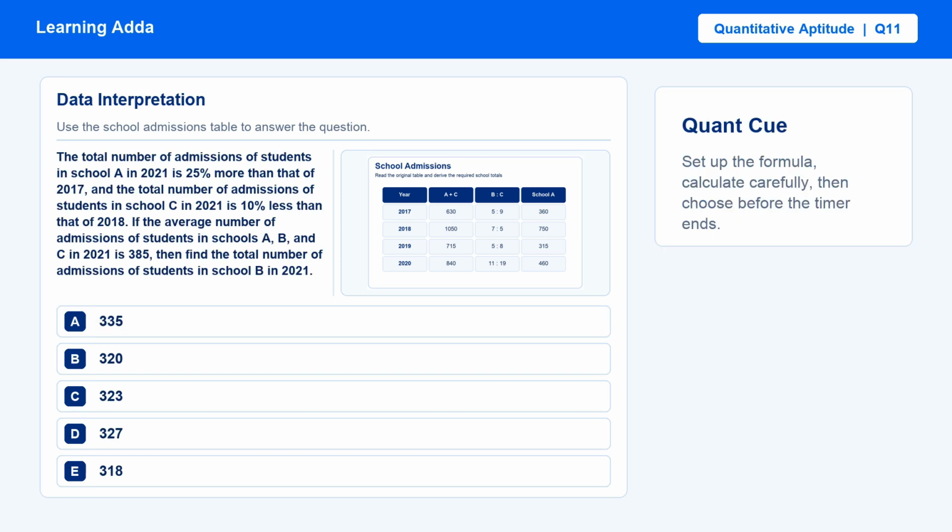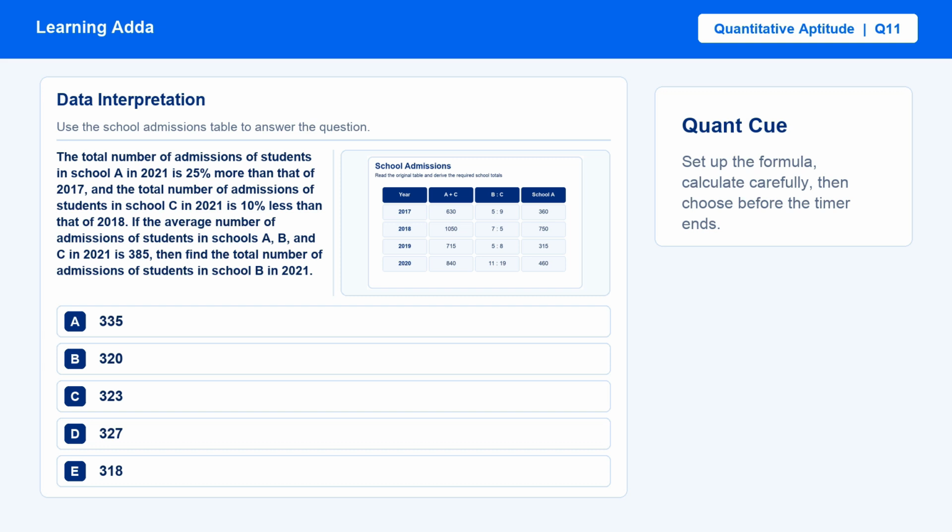Question 11. The total number of admissions of students in School A in 2021 is 25% more than that of 2017, and the total number of admissions of students in School C in 2021 is 10% less than that of 2018.